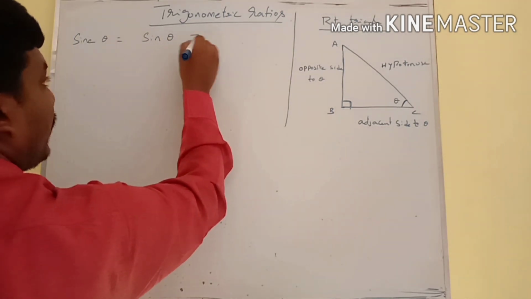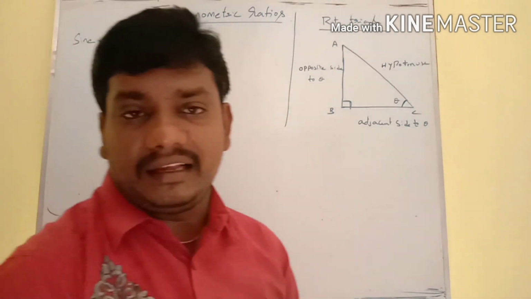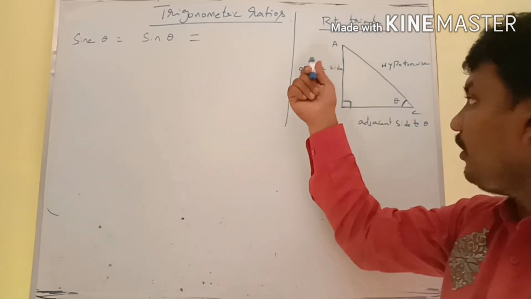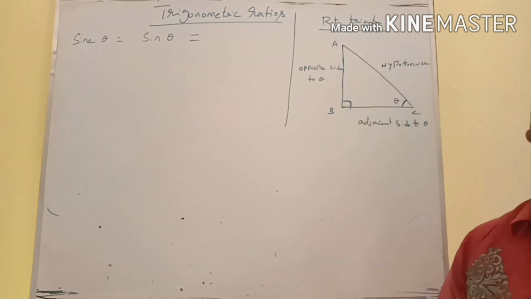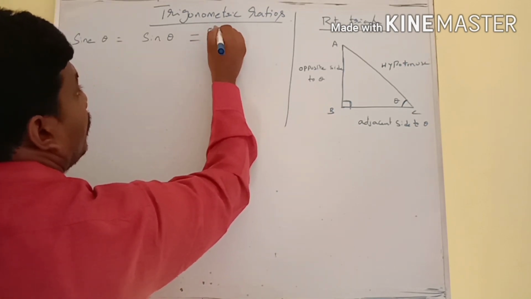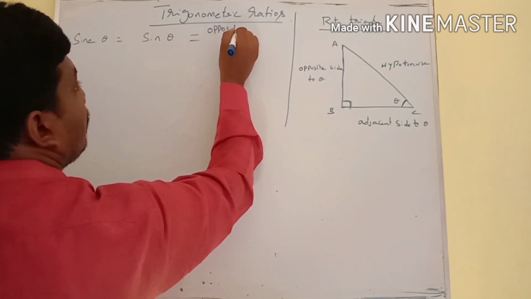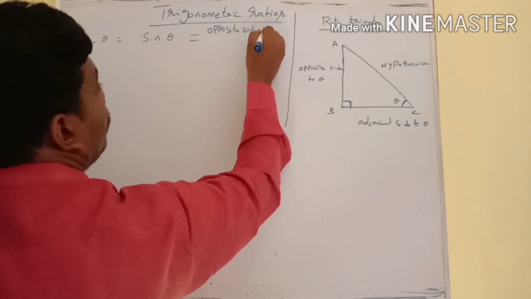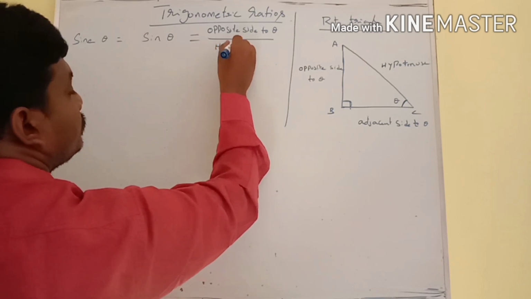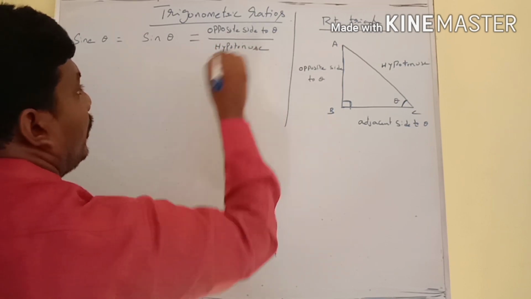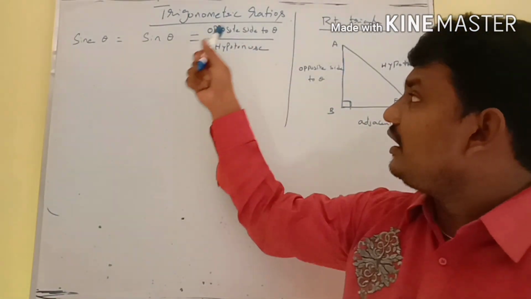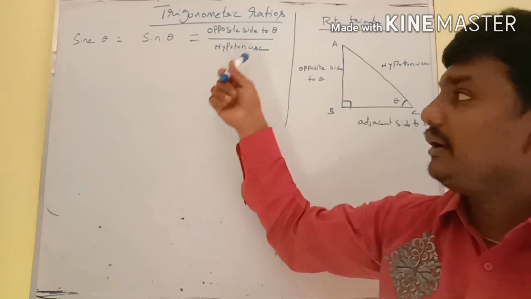Sine theta is defined as the ratio of the opposite side to theta by the hypotenuse. We have to remember that sine theta is equal to the opposite side to theta by hypotenuse.